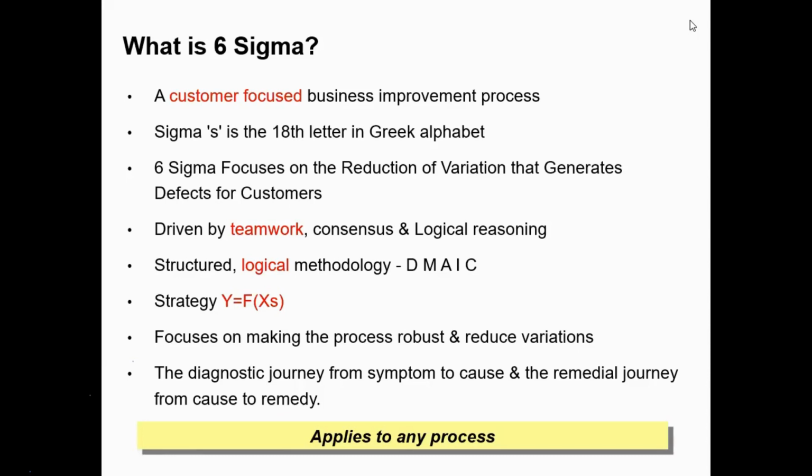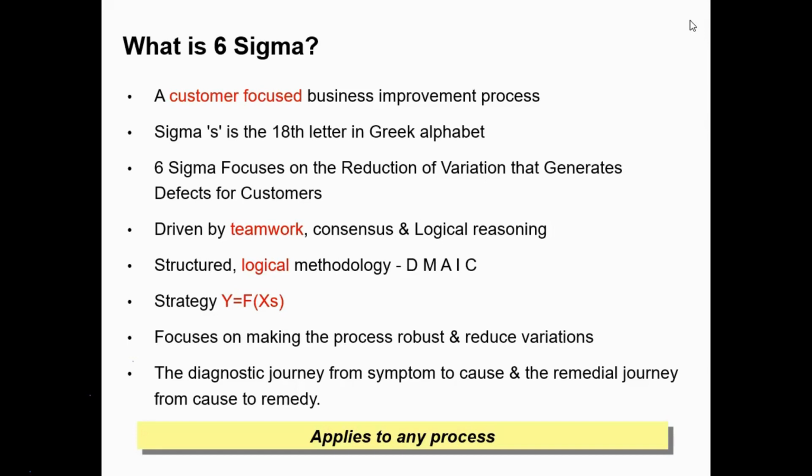So Six Sigma is a customer focused business improvement process. Of course, in Six Sigma, typically we focus on the customer focused processes only. See, there can be internal processes as well in our organization.